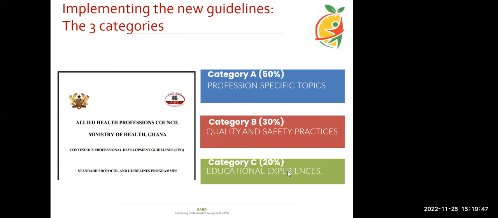C: educational experience, things that you as an individual are involved in or contribute to the body of knowledge. Professional topics, everybody can sit together and do it, but it's only professionals in diet and nutrition who will do that. B, quality and safety: everybody who happens to say he's a health worker must be able to know those ones. And C, as individuals, we take initiative to get that aspect done. I hope I've clarified it enough.